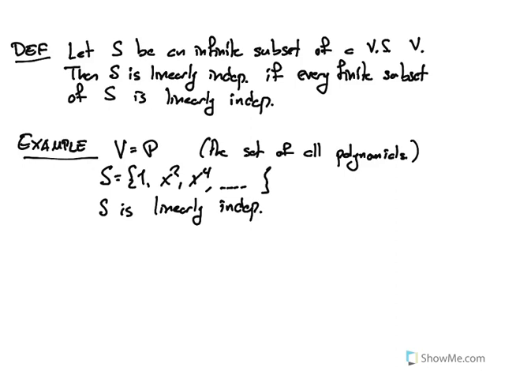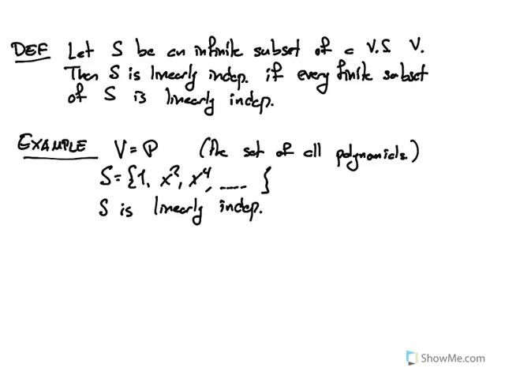A lot of the concepts we've gone over so far carry over straight away to the case of infinite subsets. We'll do some examples in subsequent sections where we'll see that a lot of these things work very well for infinite subsets as well.